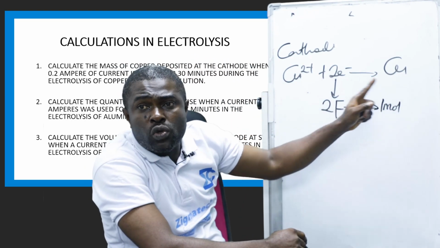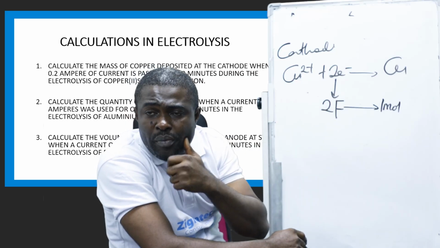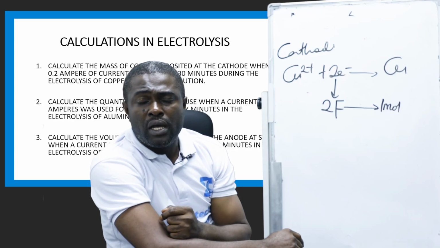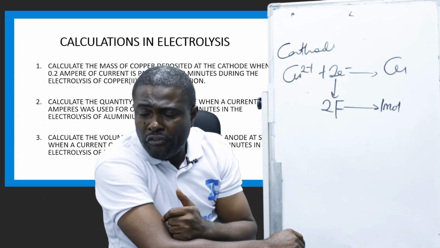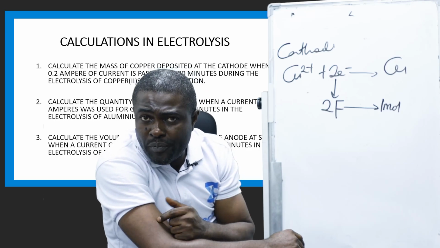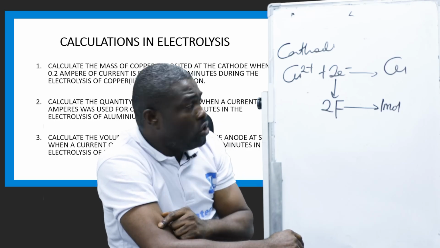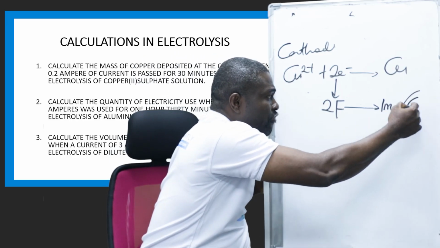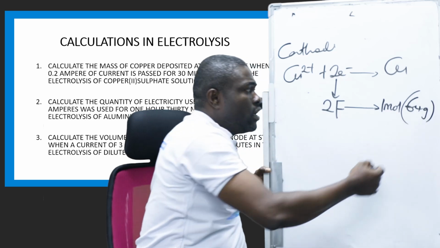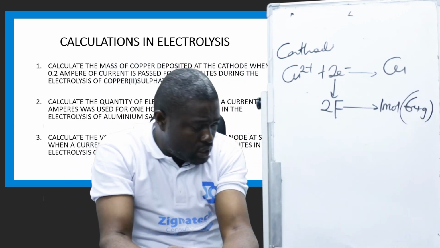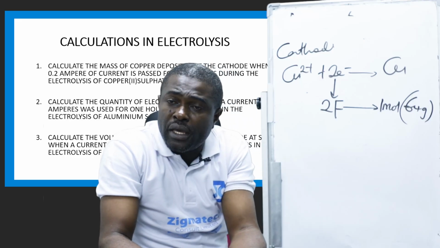Taking 1 mole of copper to its relative atomic mass: what is the relative atomic mass of copper? 64, or 63.5, approximately 64. So that means this 1 mole is the same thing as 64 grams, because 1 mole of every element is equal to its relative atomic mass.